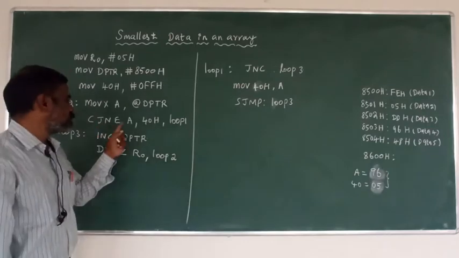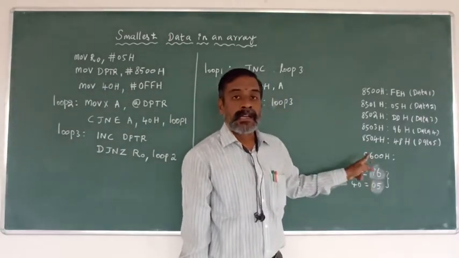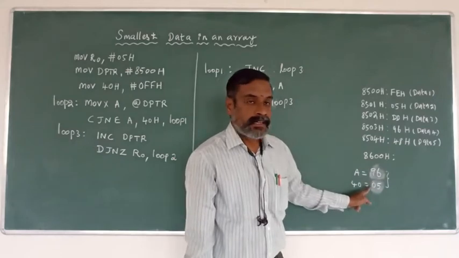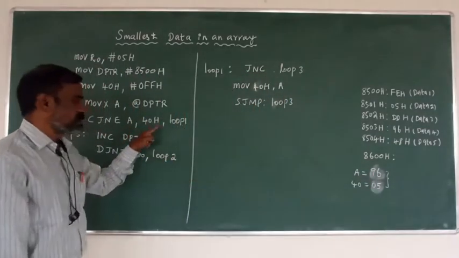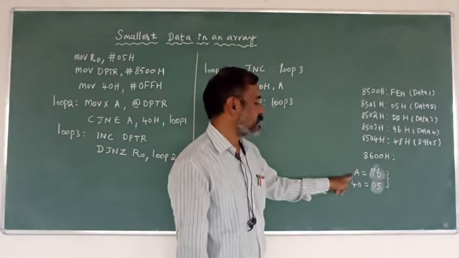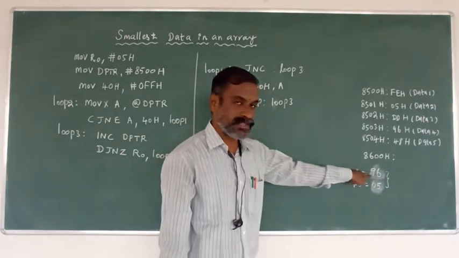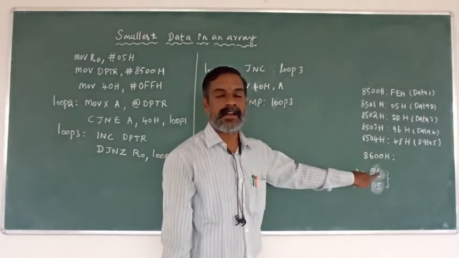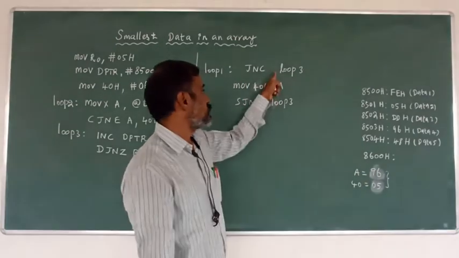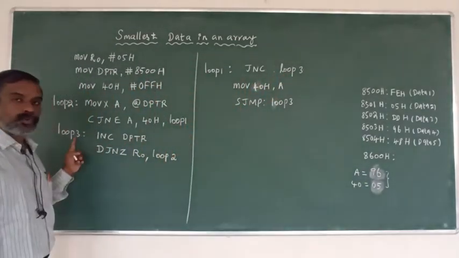Now the 96 is compared with 40. Both are not equal, so this condition is satisfied. Jump to loop 1. Now check the carry status, whether the carry flag is set or reset. Now the carry flag will be in reset condition. Why? The accumulator content is larger. So this condition is satisfied. Satisfied means directly jump to loop 3.